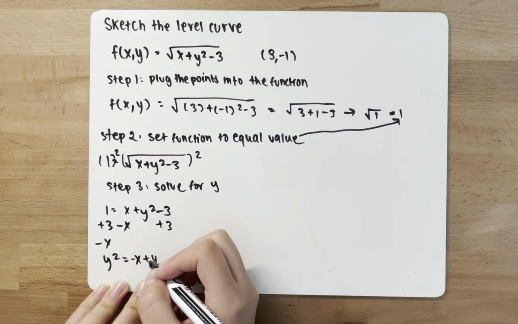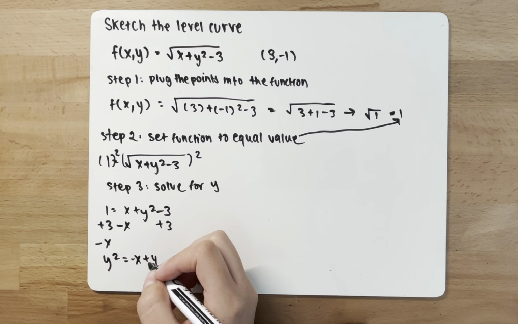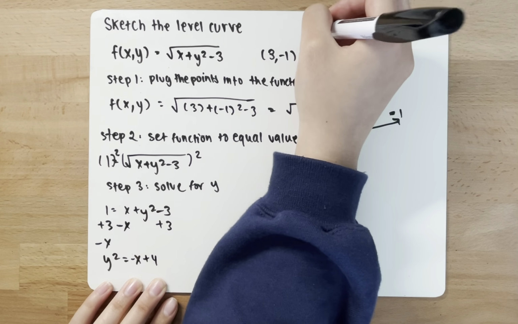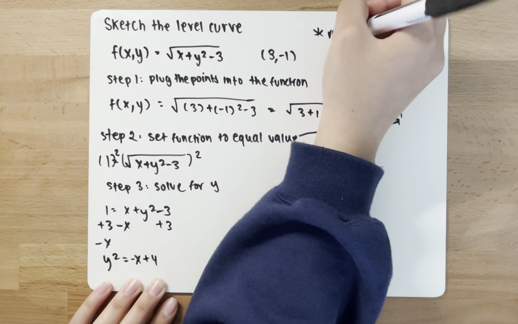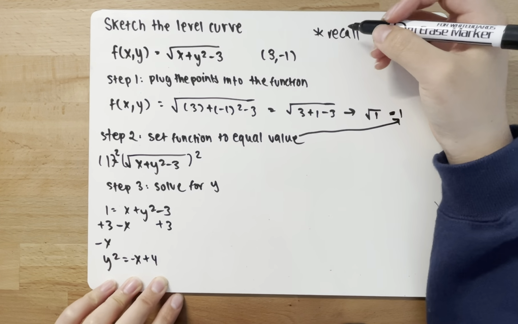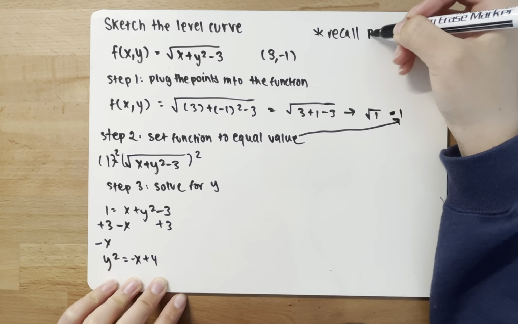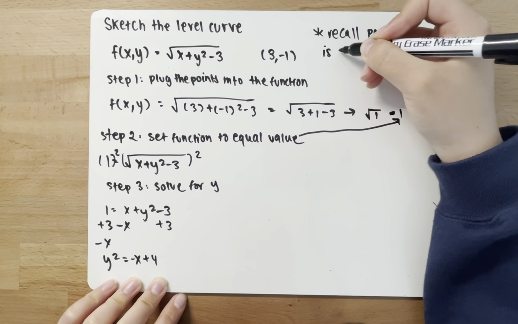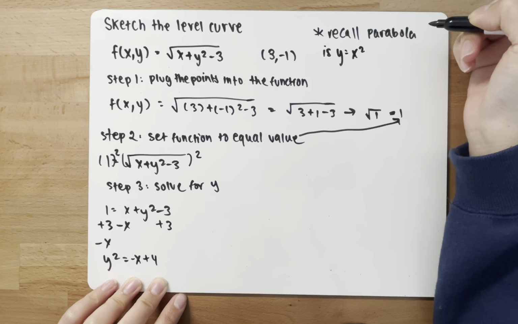Now, we have y squared here. You want to recall that the equation for a parabola is y equals x squared, correct?